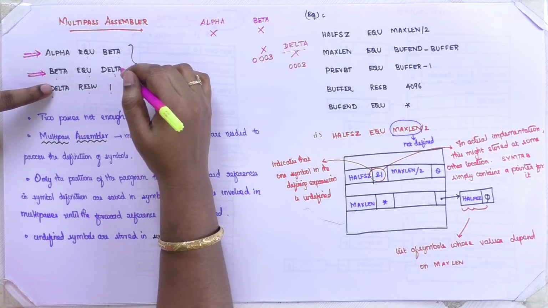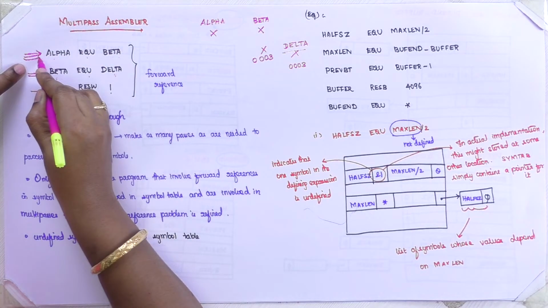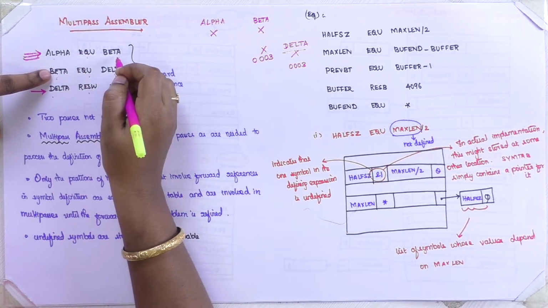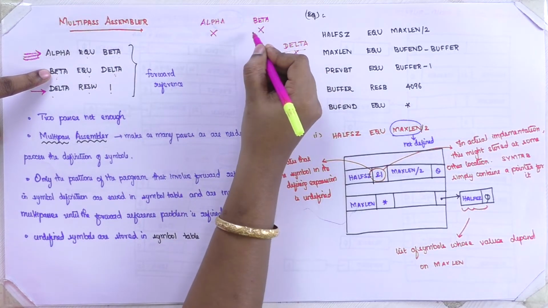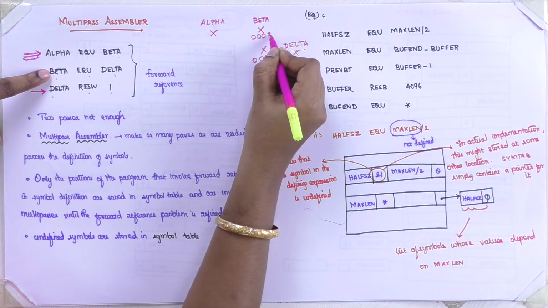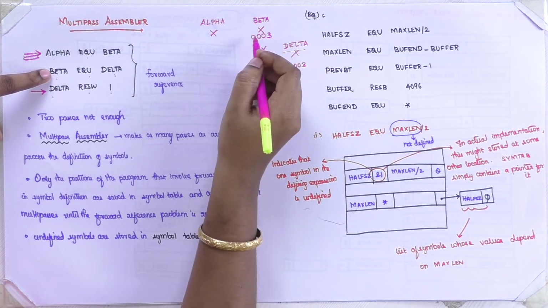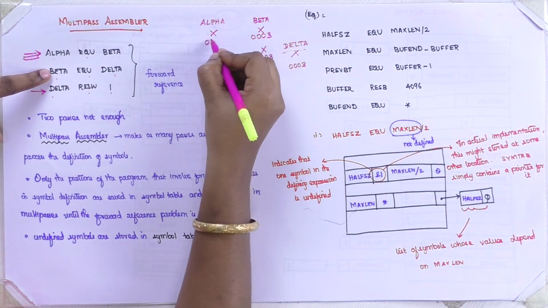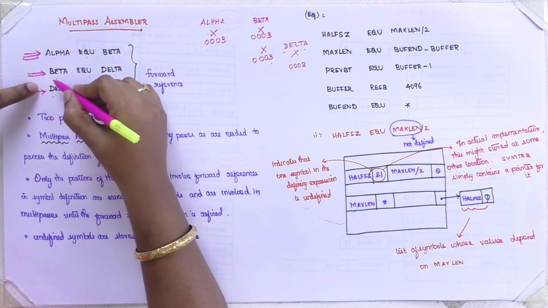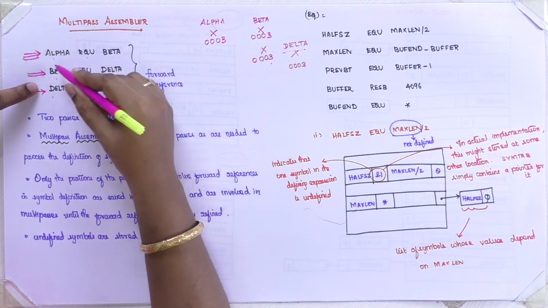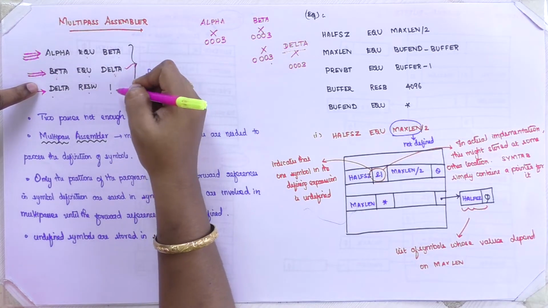So two pass over. Now I am reading the first line for the third time, alpha EQ beta. Now the value of beta is known. So what is the value of beta? 0003. So alpha is equal to beta. So what is the value of alpha? Alpha is also 0003. Then this line I already encountered, I already resolved also.